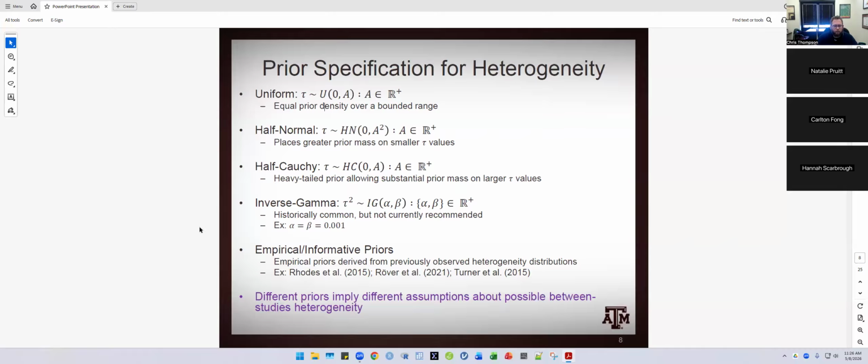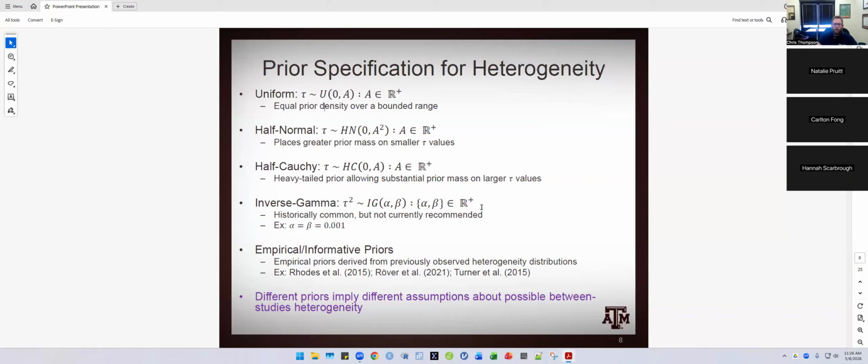And then the fourth one, on the inverse gamma, to be honest, I sort of toyed with the idea of including this or not. On one hand, it's historically common. You will see it in a lot of papers. It will be the default in some software for some parameters, depending on which model and which method you are using.